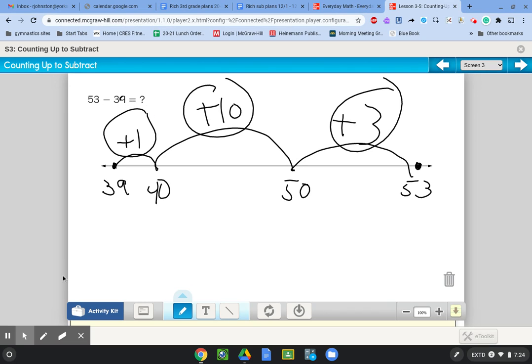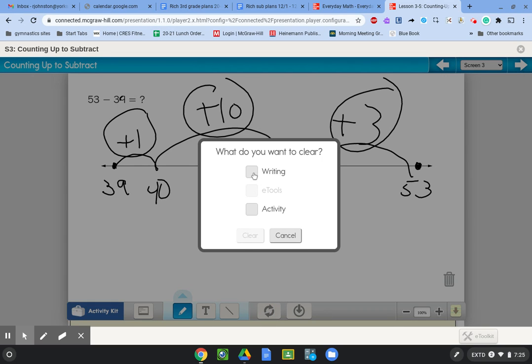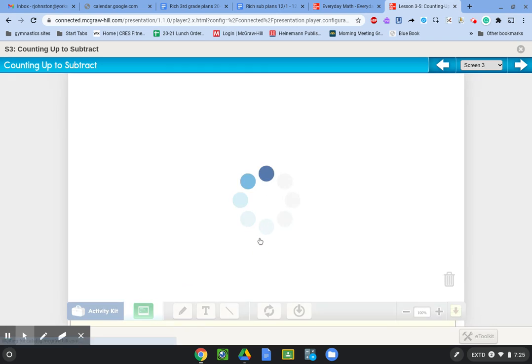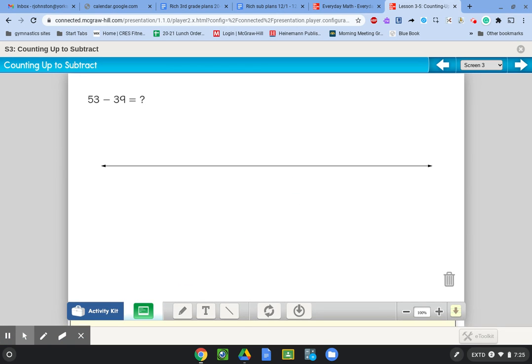Let's do it a different way. Clear off your slates, or you can just pay attention. I'm going to clear off my slate, and I'm going to do it a different way. So again, we always want to start counting with the small number on this side and the large number on this side. This time I'm going to go up a whole 10.